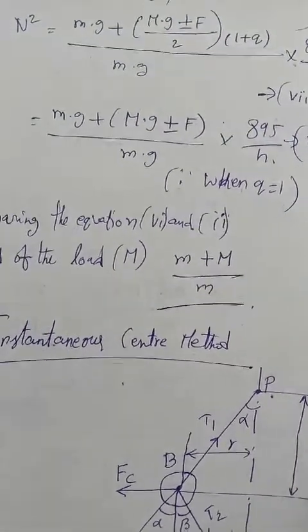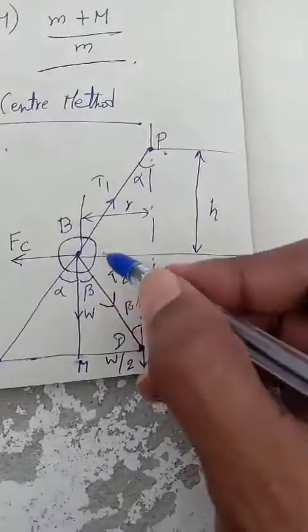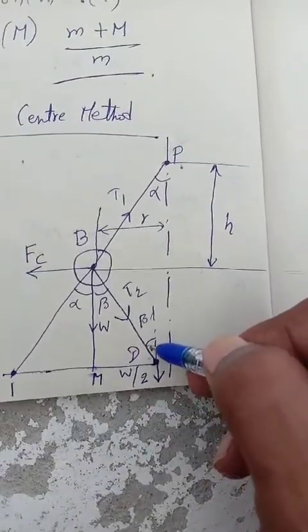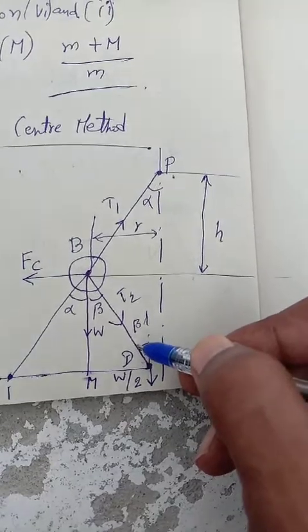So now here, forces acting on the link B and D are considered.